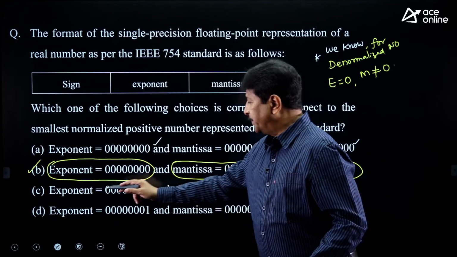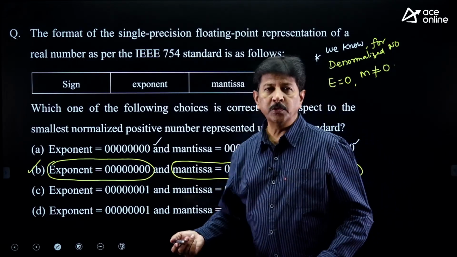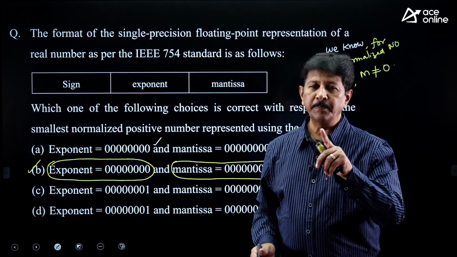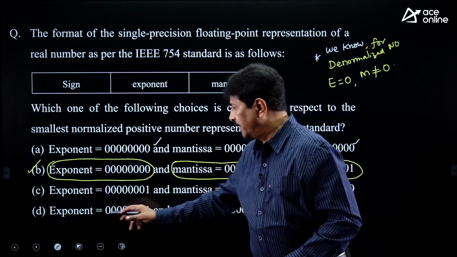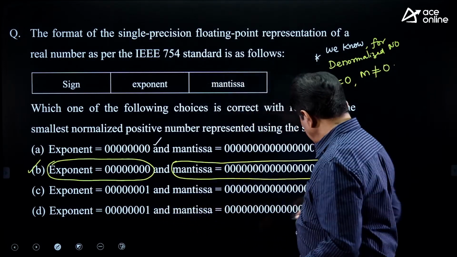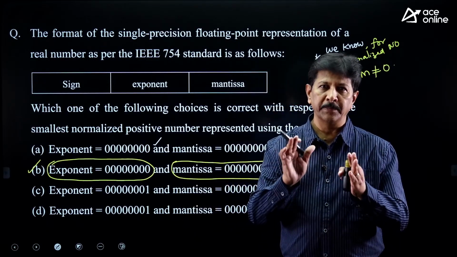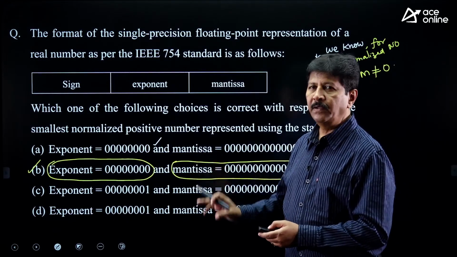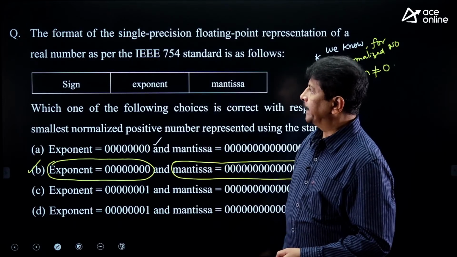Next, exponent is 1 and mantissa is all zeros: this is going to represent a floating point number. I told you exponent should not be 0 or 255 for a normal floating point number. Similarly, exponent is 1, mantissa is all 1s, so it is going to represent a normal floating point number only. So you have to remember what the decimal value of this is. So for this question, the correct answer is B.